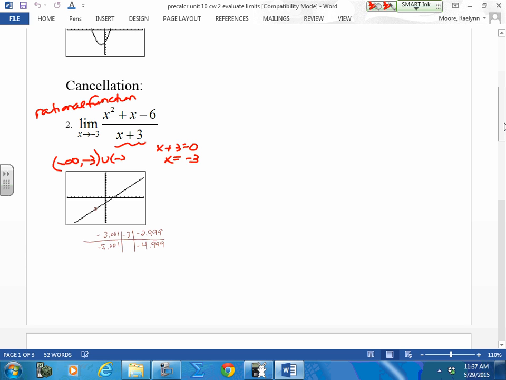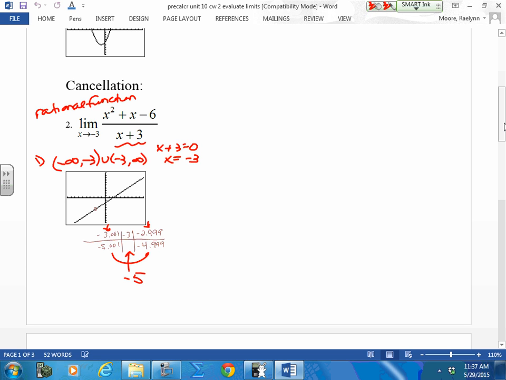Remember doing this? We cannot use -3. But we want to know, and this is what you did last night, does your graph approach a y value from the left and from the right at -3? So last night you graphed it, you set your table to the thousands, and you noticed, what would this number be for -3 if I could fill that in?